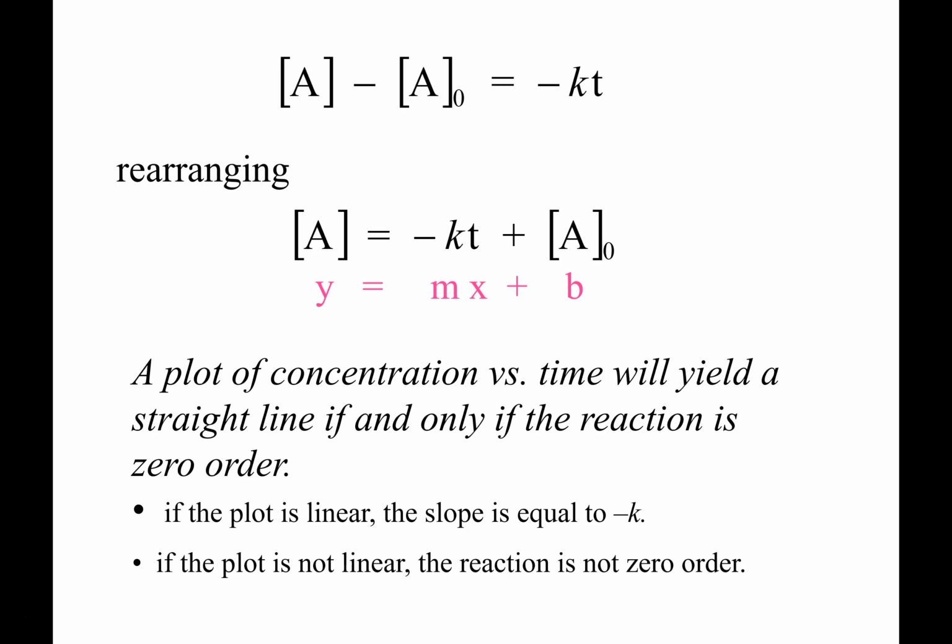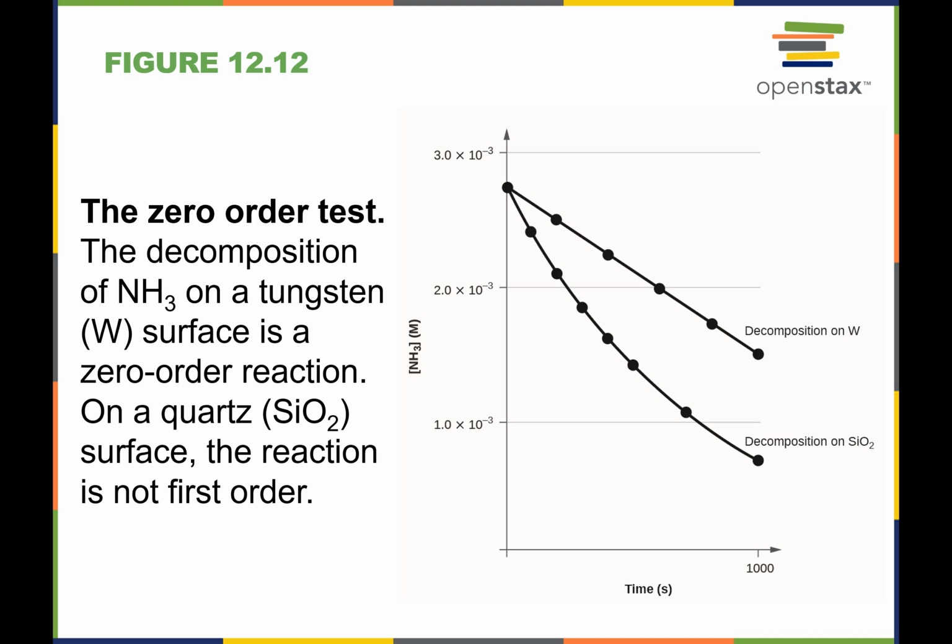So I said we're going to do 0, 1, and 2. Before we look at first order, notice what somebody's doing here: looking at the decomposition of ammonia, whether it's occurring on tungsten or on silicon dioxide. Along the y-axis, we have the molar concentration of ammonia versus time.